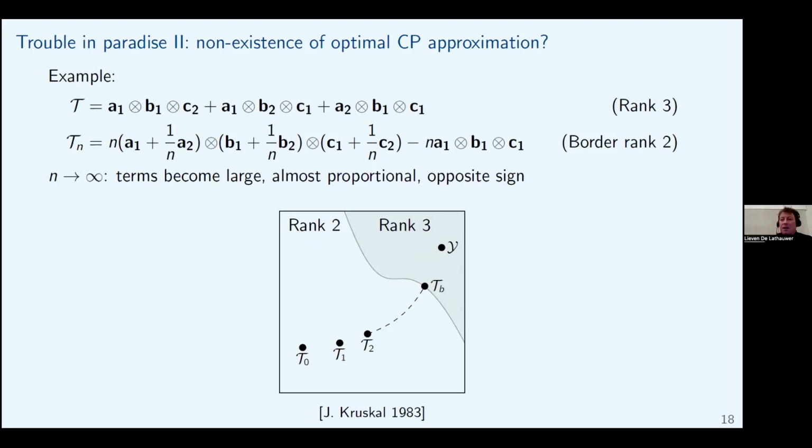And this will also give weird things like rank 1 terms diverging to infinity, etc. So in general, this is ill-posed. It does not always happen in practice. Maybe it occurs not so often, but it can happen in practice.